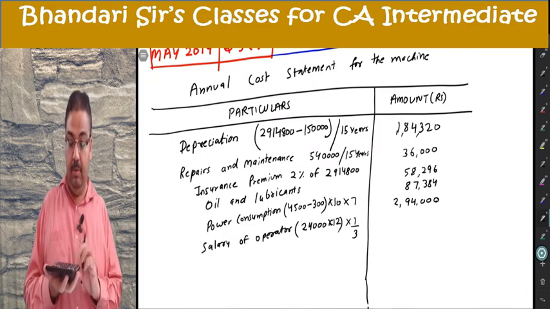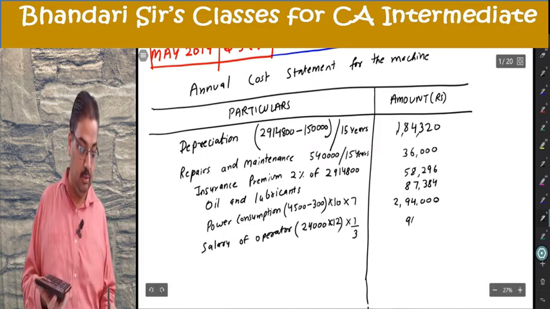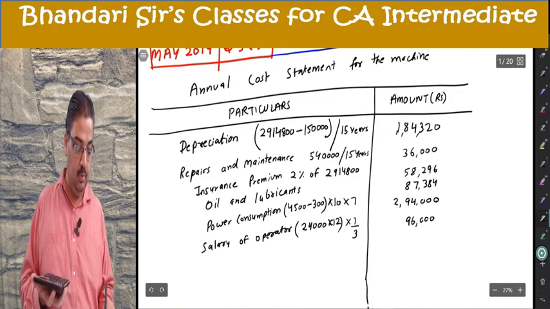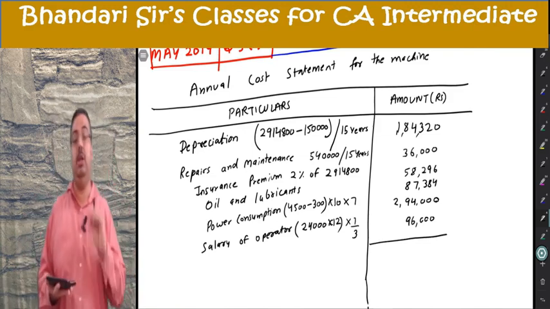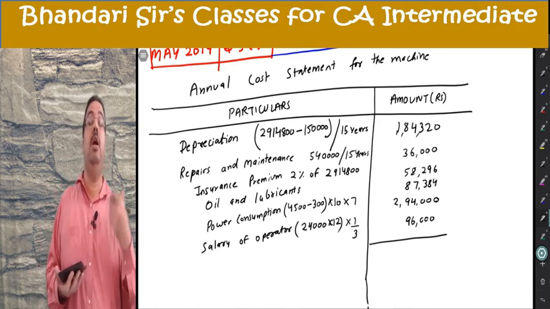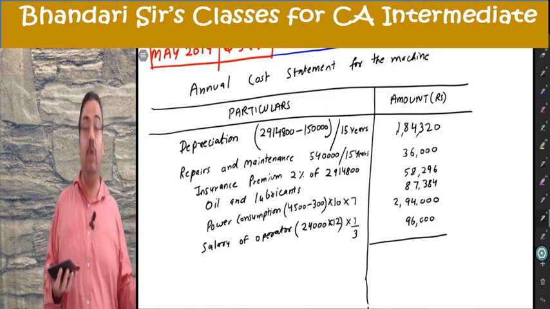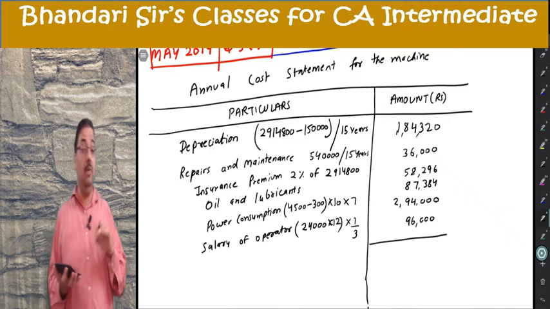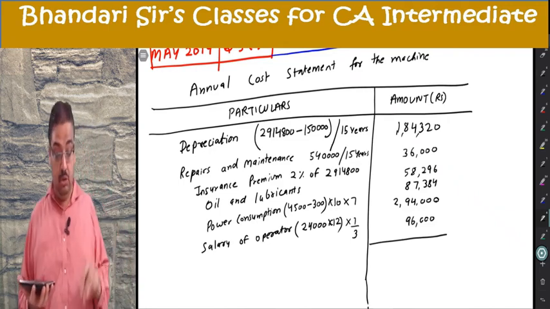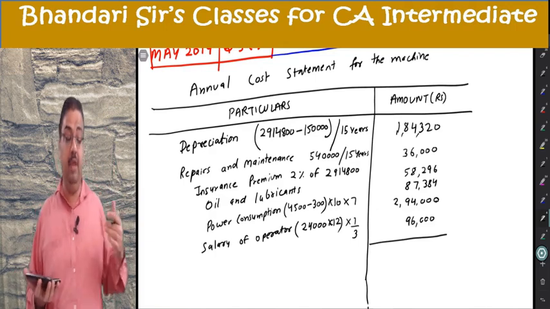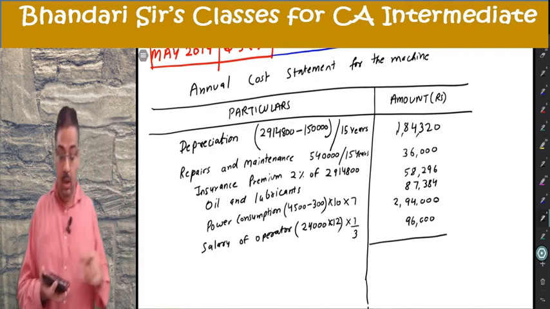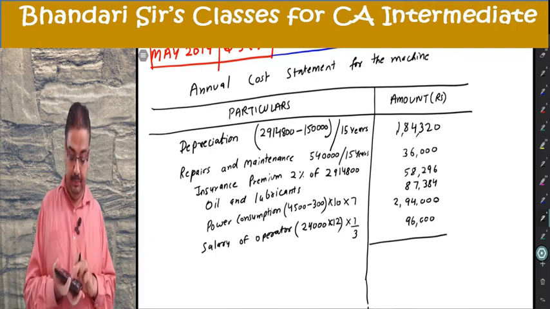Only 1/3 will be taken here, that is 96,000. So important computations, I have explained everywhere what is to be taken, how it is to be taken. Wherever it is per month, multiplied by 12, and only 1/3 part he is doing on this machine. So I am taking 1/3 in salary of operator. Do it carefully everywhere, whatever is being asked. Now I have to add all these costs.